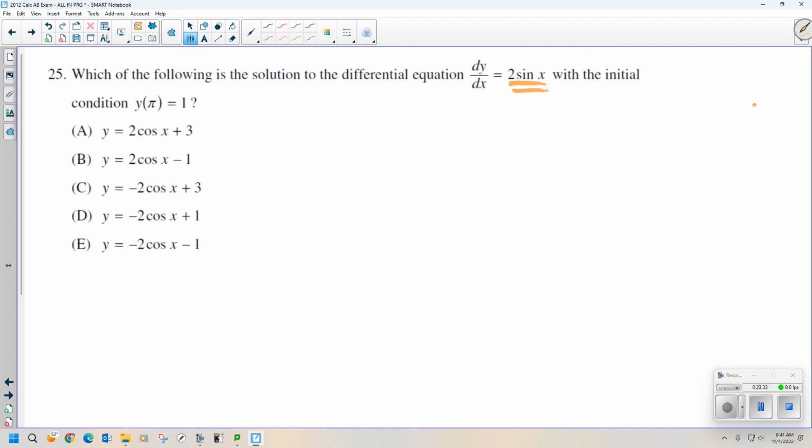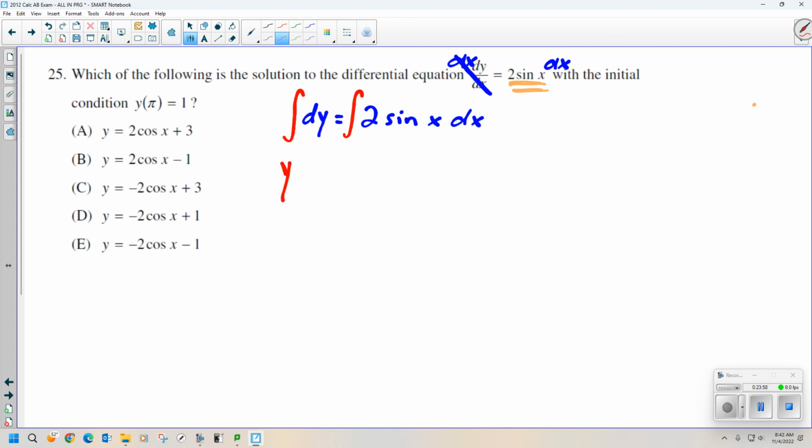Let's do separable differential equations anyway, because we're going to end up taking the integral of that anyway. I'll multiply both sides by dx. I got dy equals 2 sine of x dx. Now I can integrate both sides.